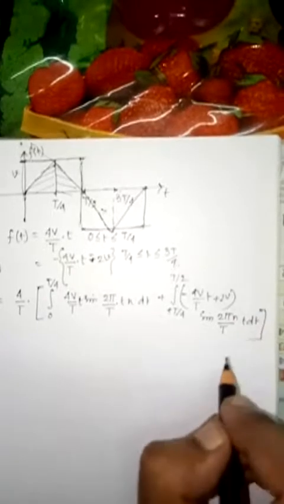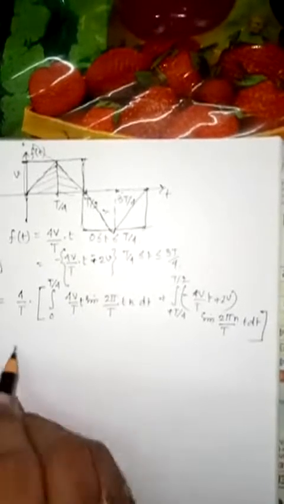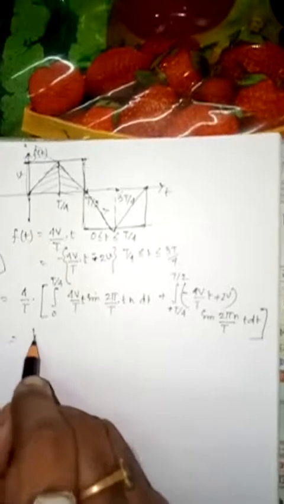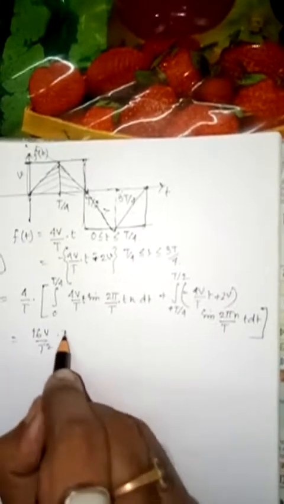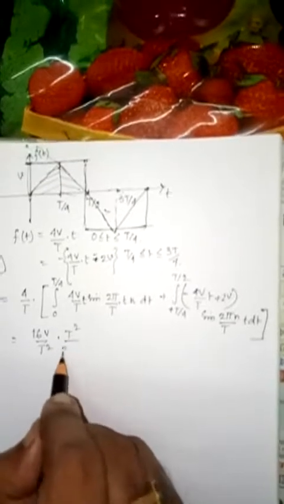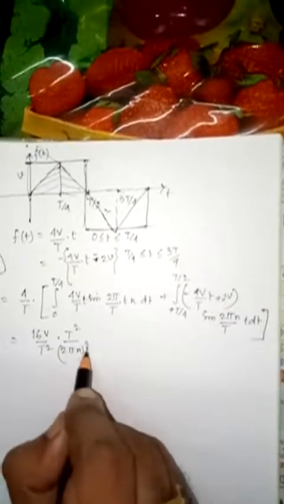If you are integrating this entire series, what will we get? 16V by T square into T square by (2 pi n) whole square.